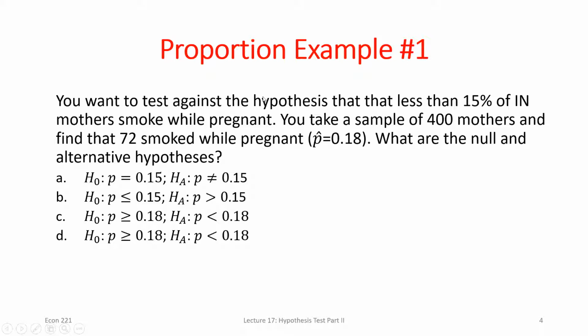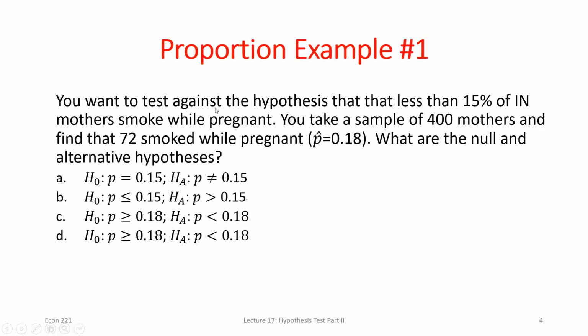So here if we want to test against that less than 15% of Indiana mothers smoke, what we're really saying is the null hypothesis is that the true population proportion is less than 0.15. We always include the equality in the null, so less than or equal to 0.15, and our alternative hypothesis would be the complement, that the true population proportion is greater than 0.15.